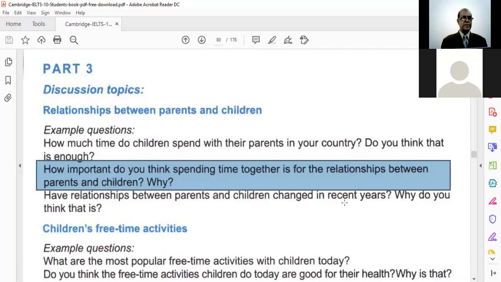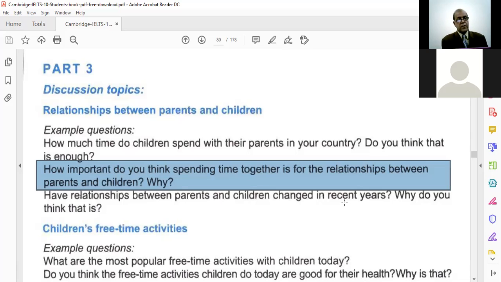Or sometimes they go there alone, and very often, if they are working at a distance of about 50, 60 kilometers, I have seen that people go to their workplace on a daily basis, and by evening they come back, and they love to spend the time with parents. So it's good enough that my children are spending good time.